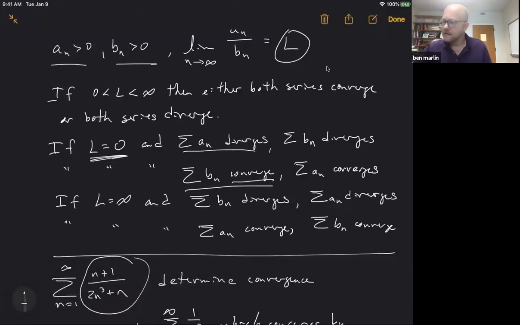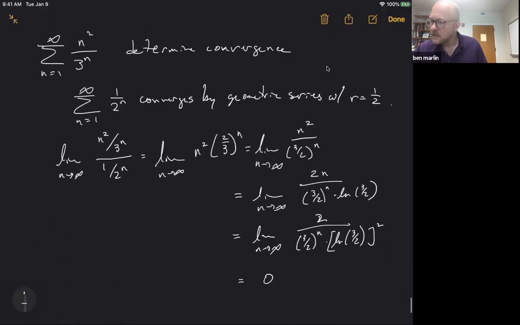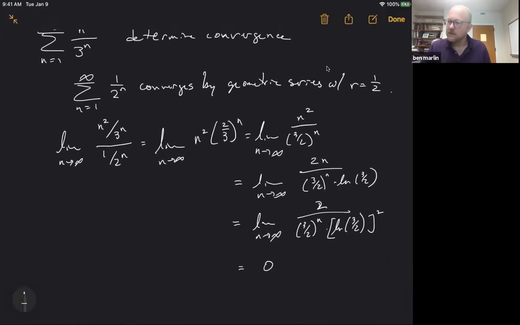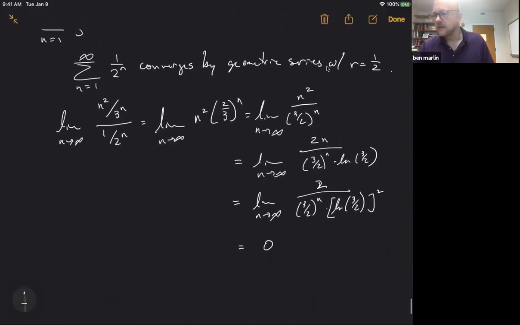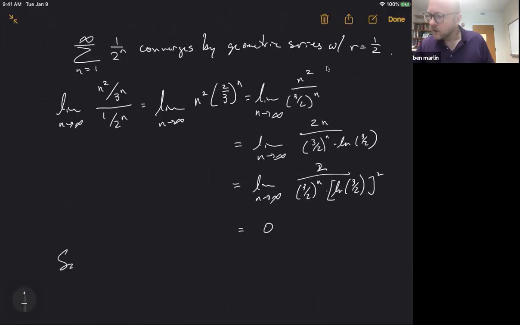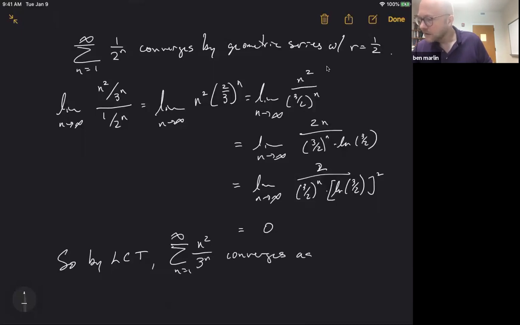So since we were dividing by something that converged and we got 0, that means that the rate of growth of the stuff in the numerator has to be slower than the rate of growth of the thing in the denominator. So by the limit comparison test, the summation from n equals 1 to infinity of n squared over 3 to the n converges as well. Okay.